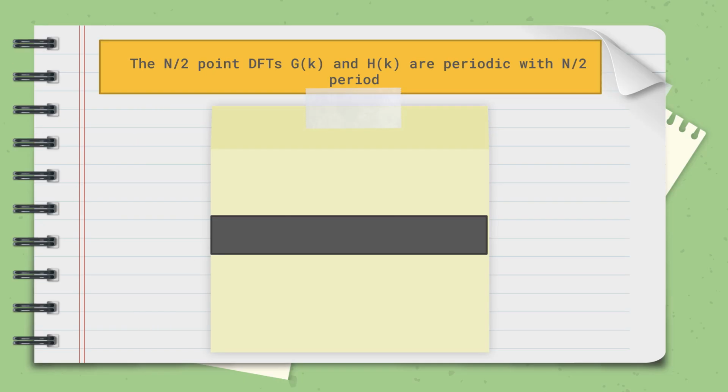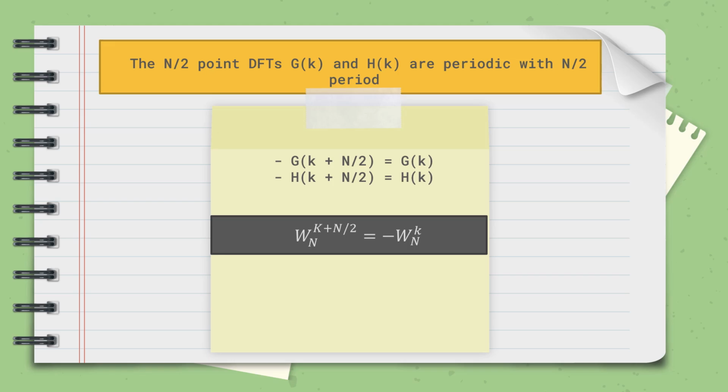The N by 2 point G[k] and H[k] are periodic with N by 2 period, so we are able to write G[k plus N by 2] equals G[k], and according to the properties of DFT, it is the same thing for H[k].